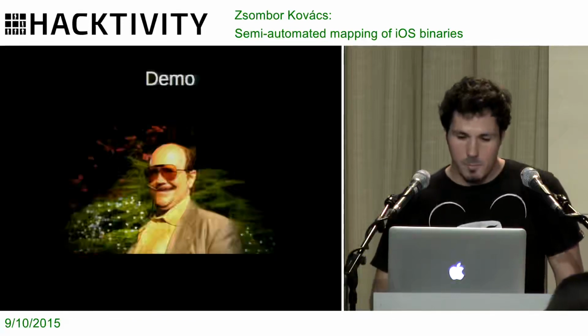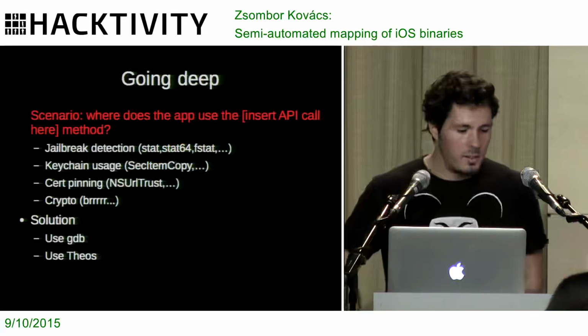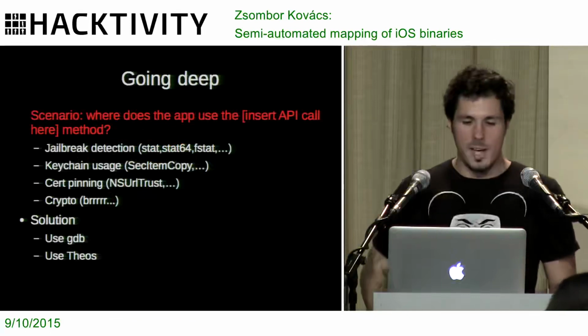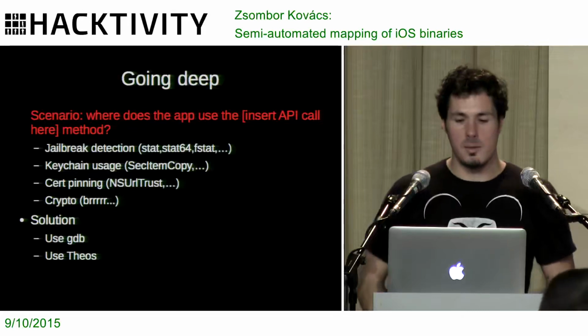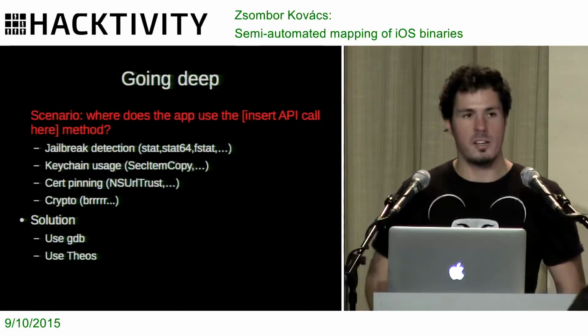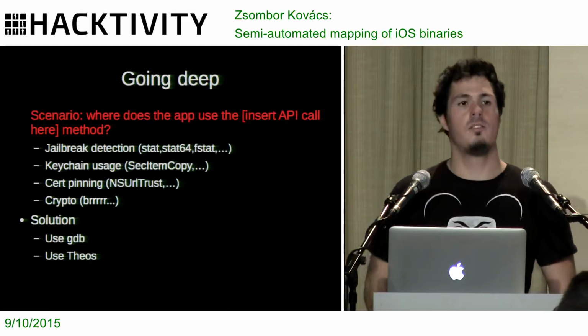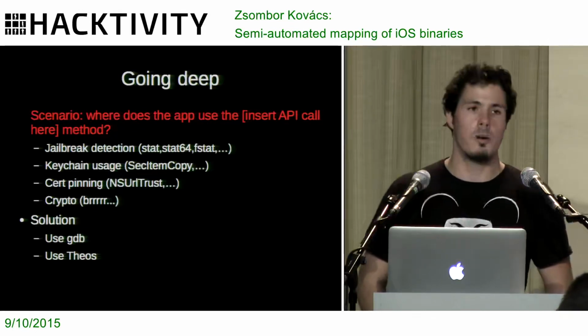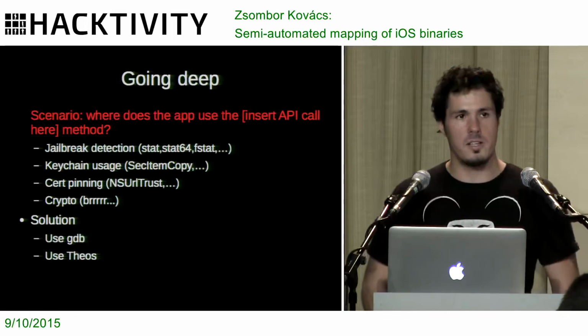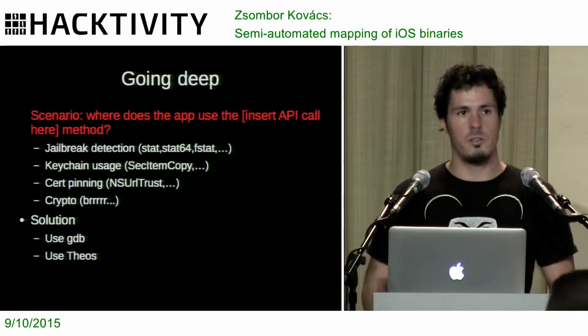Okay, moving on. Next question. We have a very nice application, and we know that somewhere it uses some kind of API call, and we want to pinpoint where it does it. So ideally, we look for a method which does not make any kind of modification to the binary.